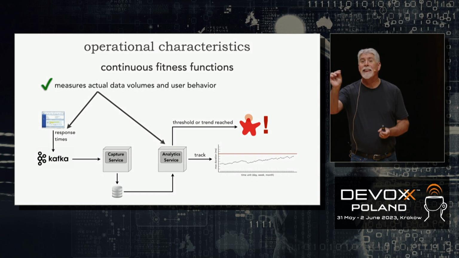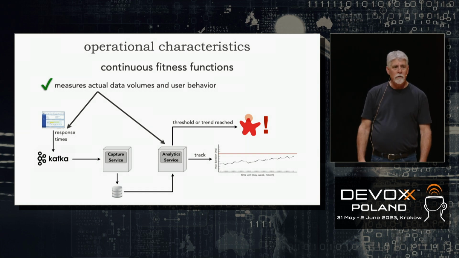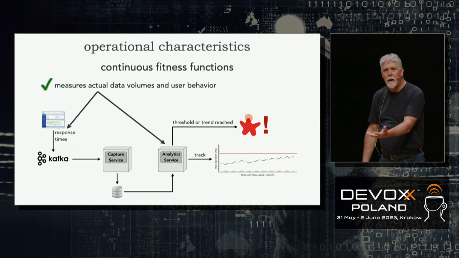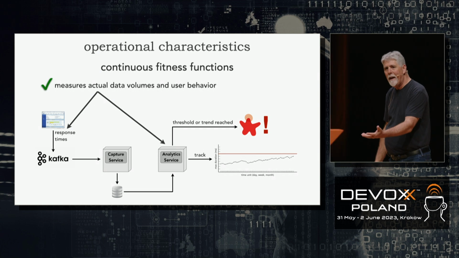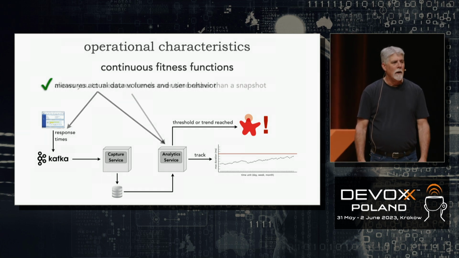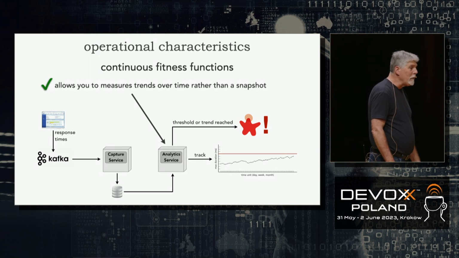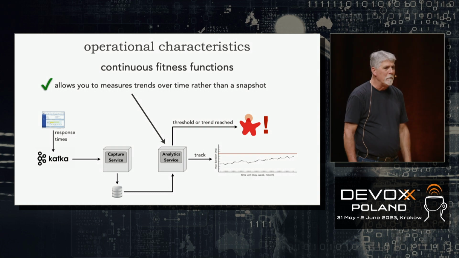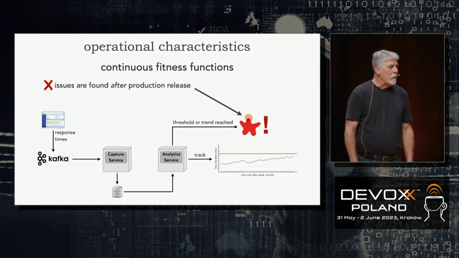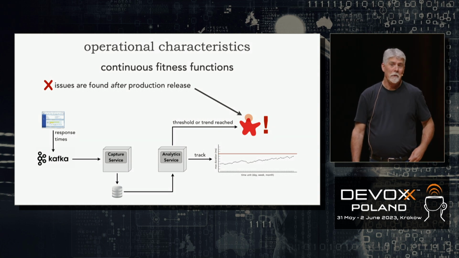We don't have to try to guess what's happening. Well, that's a huge advantage because now we don't have to spend time and effort and money to write and maintain these tests. And it's much more accurate. But guess what? We can measure trends rather than snapshots, which is a good thing. However, we don't find out we have a problem until we're well into production.